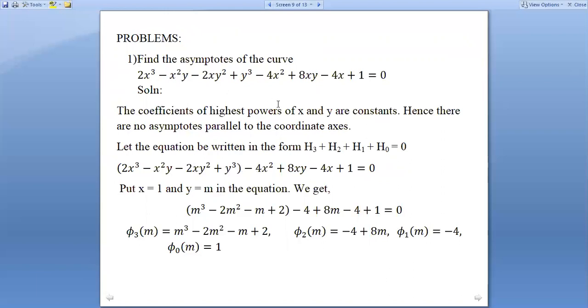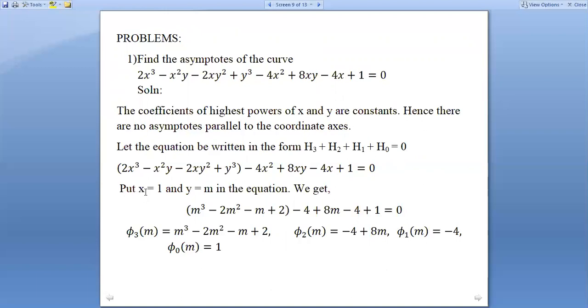Now I'll write the h2 term, that is of degree 2. Degree 2 terms will be minus 4x square plus 8xy. The degree 1 term is just minus 4x, and the constant is written as h0, so that is nothing but 1.